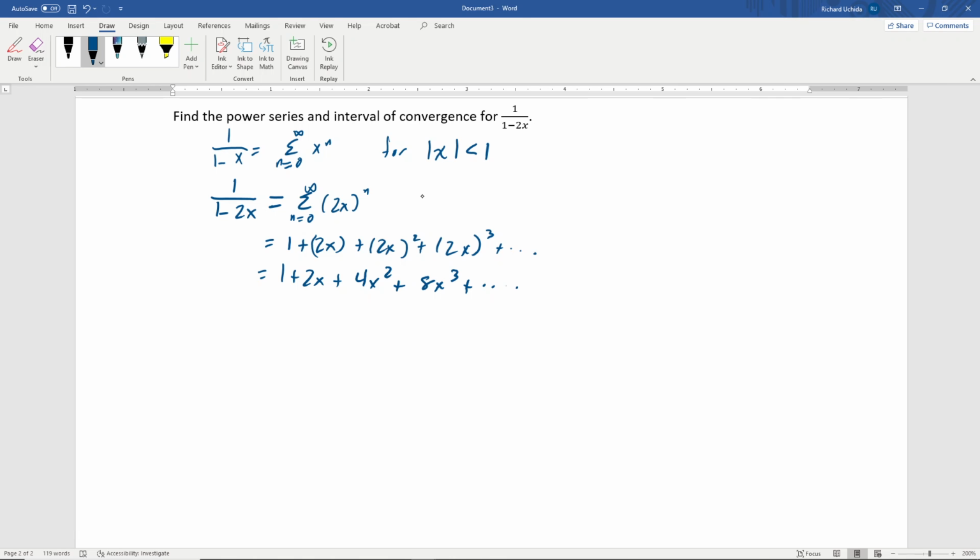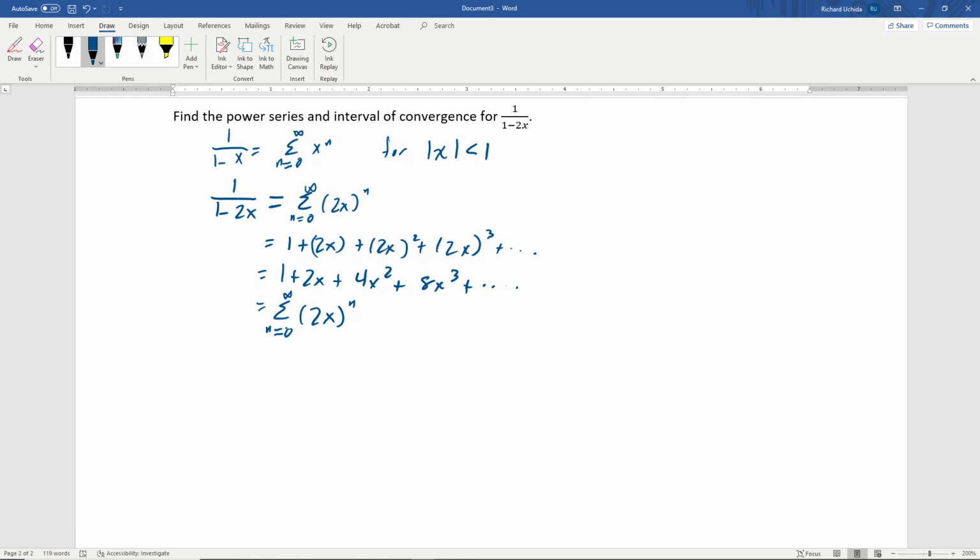So like we were just saying, that's equal to the power series from n going from 0 to infinity of 2x to the n.